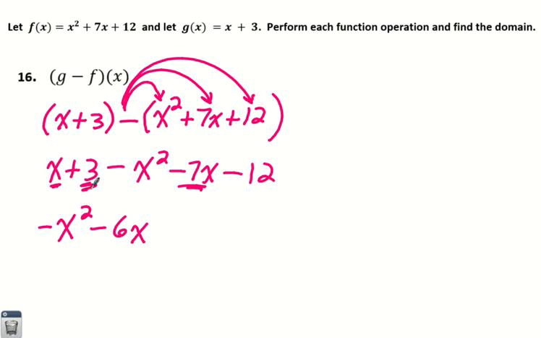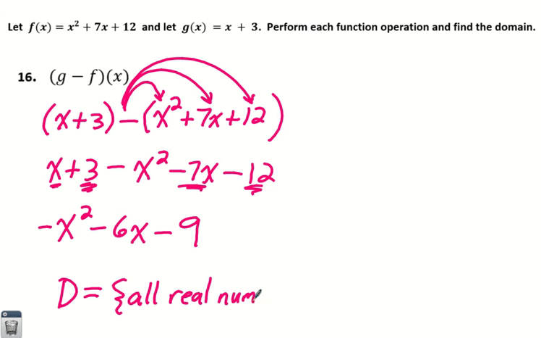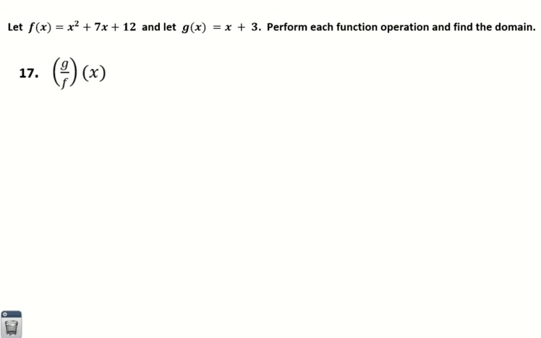And positive 3 minus 12 is negative 9, I believe. And as far as the domain, once again, there is no reason why you wouldn't be allowed to plug in anything into that g minus f function.